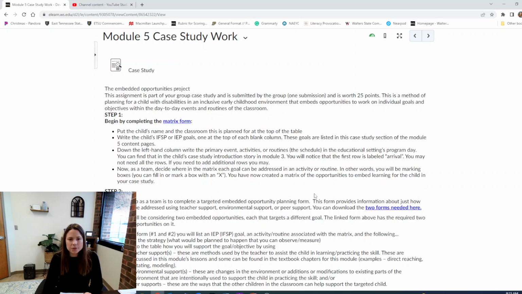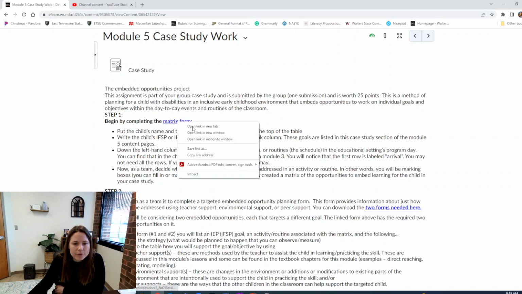So embed those opportunities so we can make sure the child has the adaptive skills that they need, right? You're going to have to plan how you would set the routines and the environment for this child so that they could be successful. So here is the form that we have, and I'm going to open it up for you.